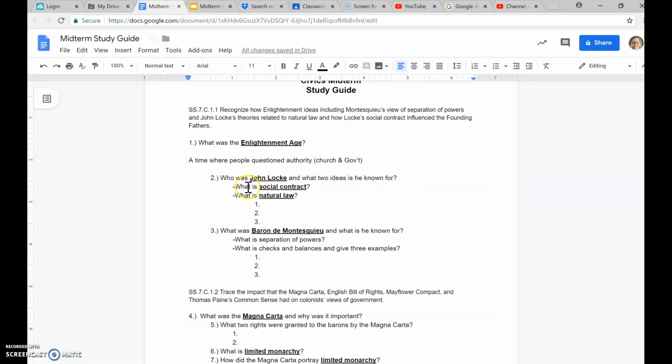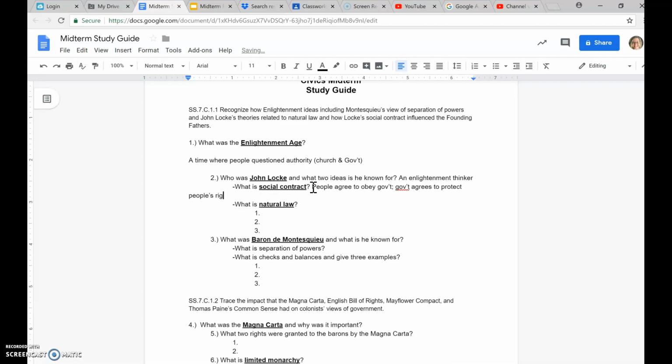Wrong one again. So, let's see. Who was John Locke? He was an Enlightenment thinker. He's known for social contract and natural law. What is social contract? People agree to obey government. Government agrees to protect people's rights.